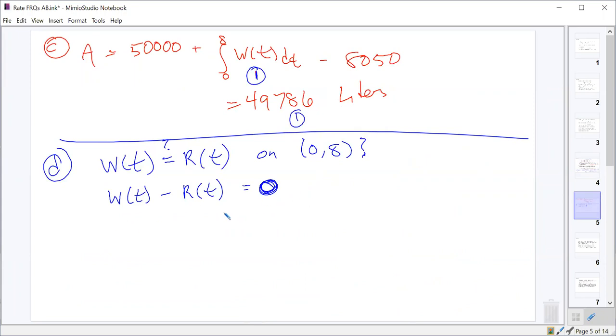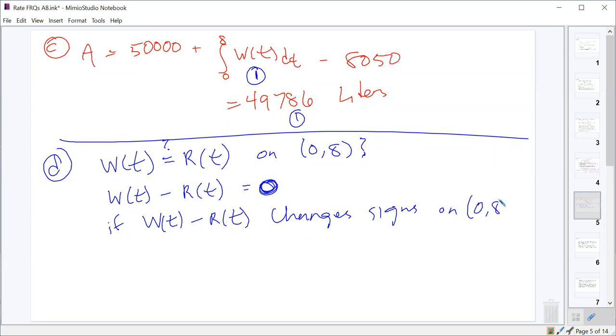If W of t minus R of t changes signs on 0 to 8, that means that, because it's a continuous function, it must have gone through a place where it equaled 0.